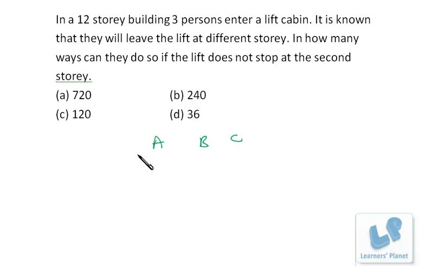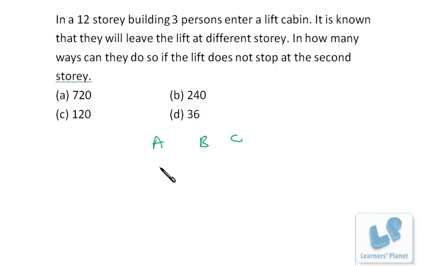Now the lift doesn't stop at the second floor, and the persons are entering the lift from any one of the floors, so none of them will get out of the lift from the same floor from which he is entering. So we eliminated 2 options, that is the second floor and the floor from which they are entering the lift, right?